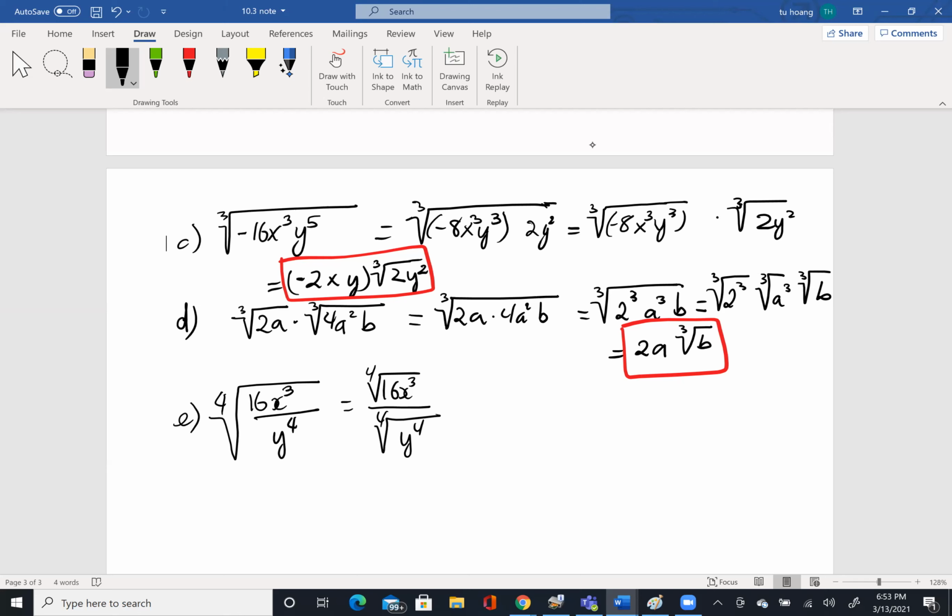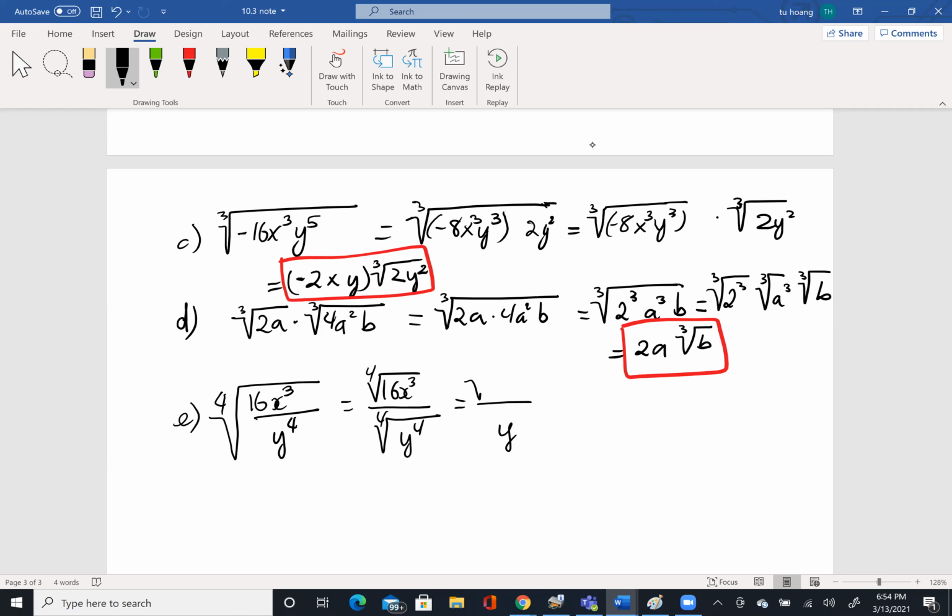So from here the bottom is just y, I know. But what about the top? The top has the fourth root of 16 times x cubed. You must try to find the largest power 4 again.